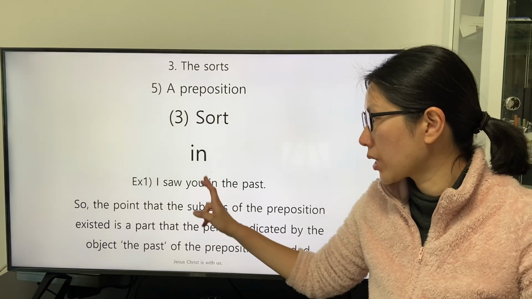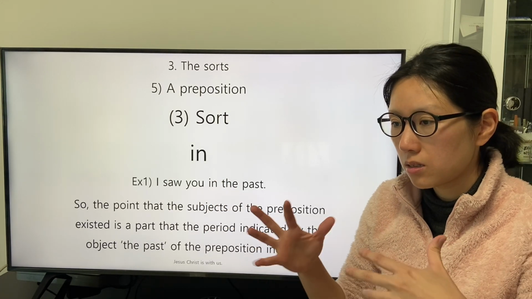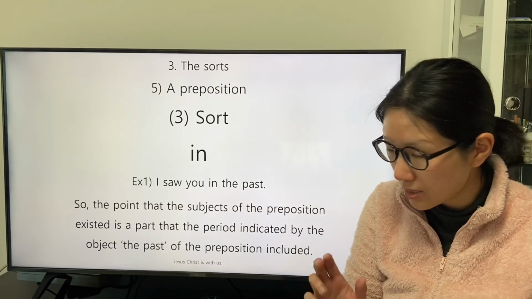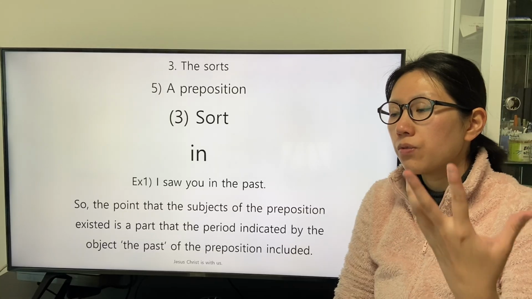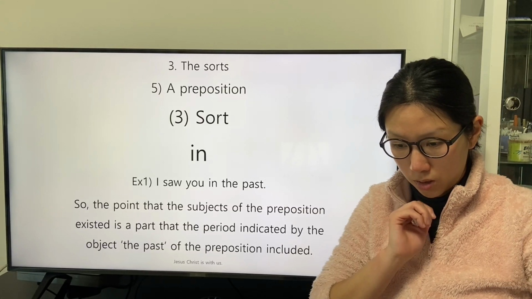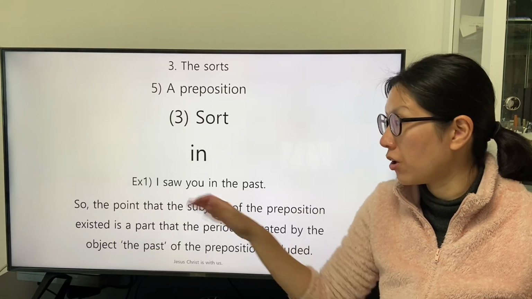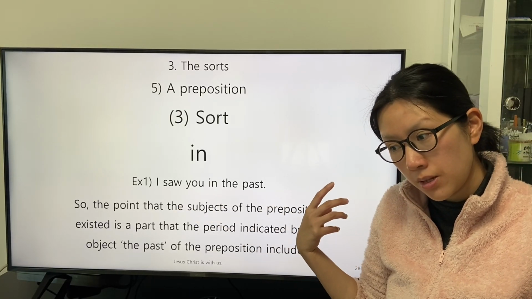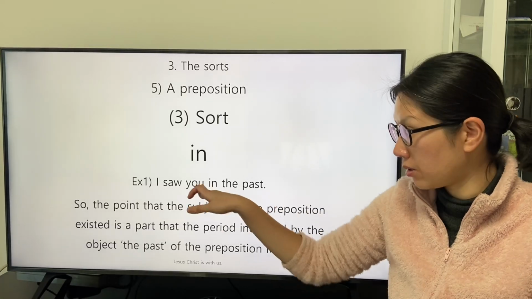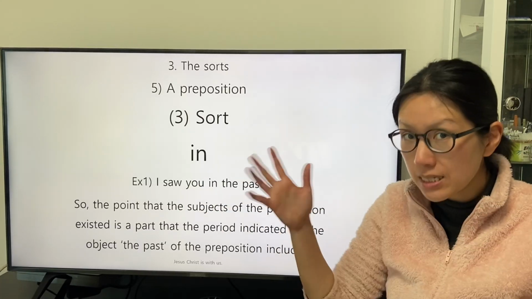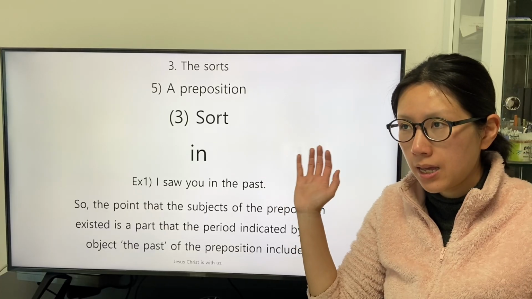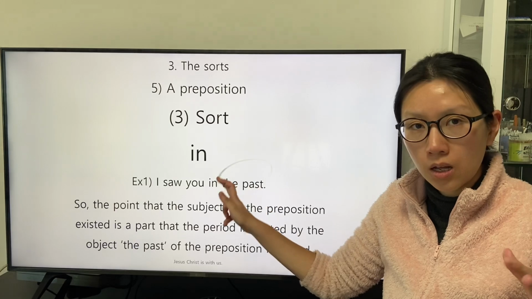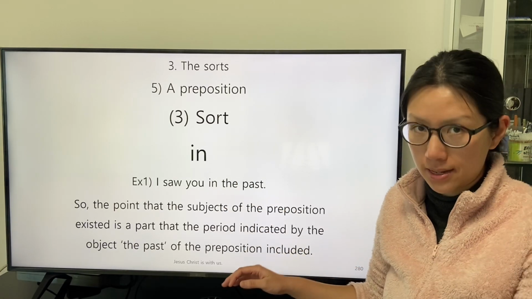In this clause, the preposition in describes the existences of the listeners from the time when the listeners existed. In this context, we can understand that the listeners were surrounded by the atmosphere defined as a point in the past.